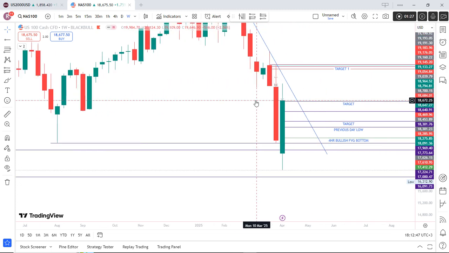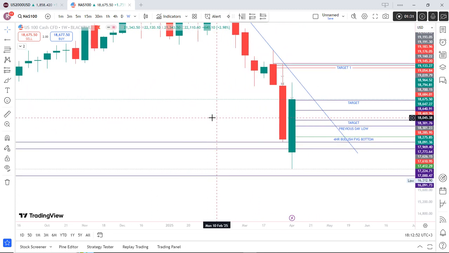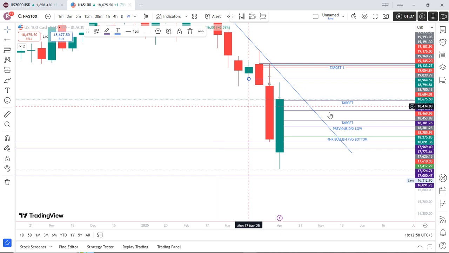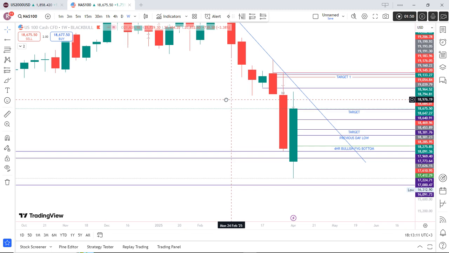So from last week, we were going down, right? And this is why we are going down. I'd like also to see what was happening here. Forget about this other target, previous low and bullish. These are just my own stuff that I was using during the intra-weekly trading, so don't focus so much on them.